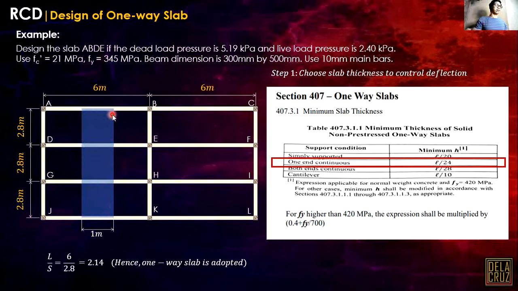So the length we consider is the one perpendicular to our beams. That is the length of our slab here, which is 2.8. Well, if the beam were the one we consider or design, then the length should be this one. For a slab, the length is perpendicular to the beam because that is what we consider as the member. Since this is the slab we are considering, we need to consider this one.